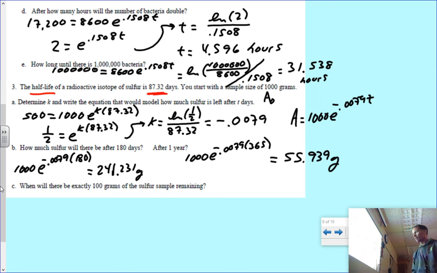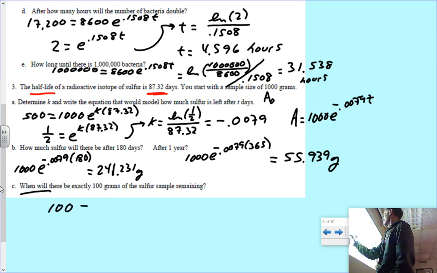And then the last one, so you're looking for time. So you set 100 equal to the function. Isolate, divide by 1,000. 100 divided by 1,000 is 1/10.